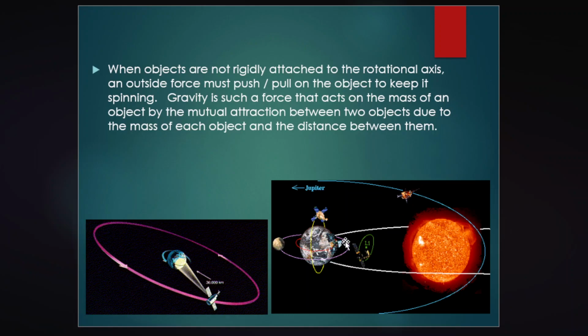Another example that isn't gravity would be friction, and this is how cars turn. Cars are a little more complicated, but basically by turning the wheel, it's the friction between the wheels and the ground that provides the centripetal force towards the center of the corner that keeps the car turning.